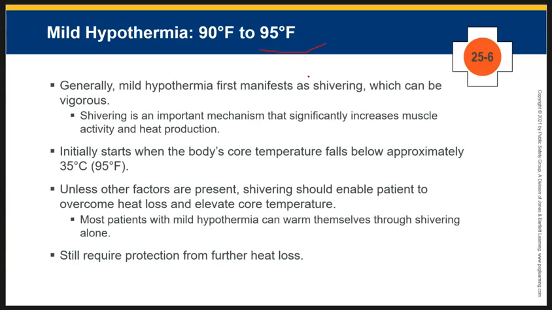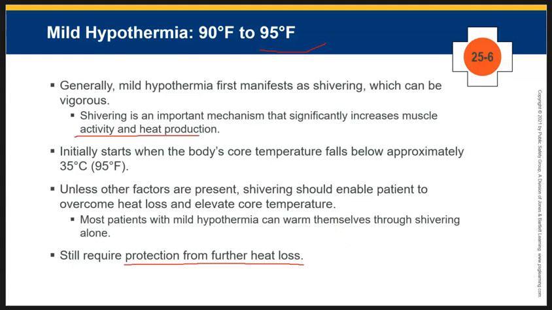And so we see that shivering increase to increase muscle activity and heat production. But unless other factors are present, typically the patient can manage that heat loss and elevate their core temperature through this compensatory mechanism. We have to protect them from further heat loss, and that could be by reducing the exposure, using that blanket in the toboggan, etc.